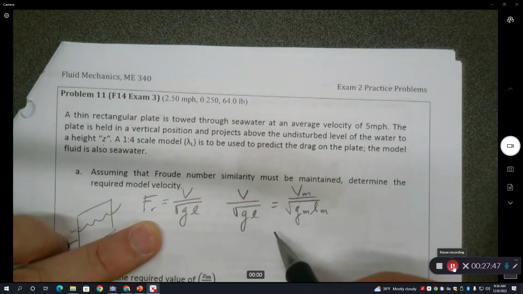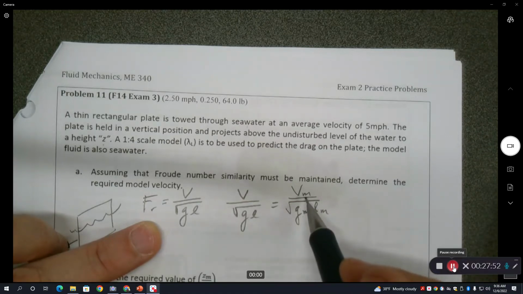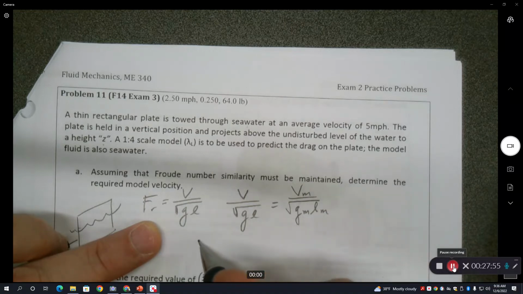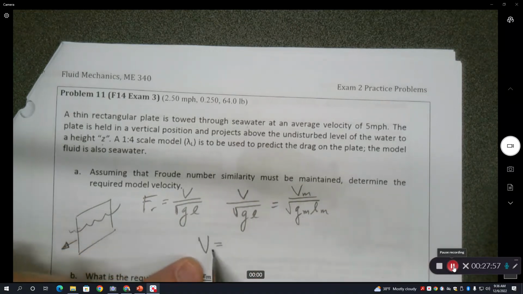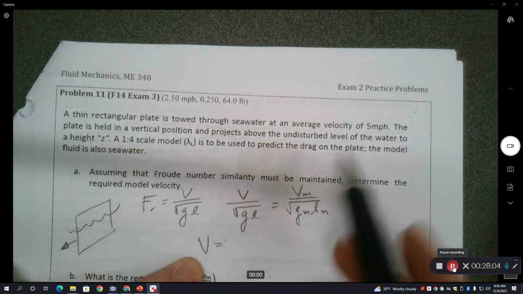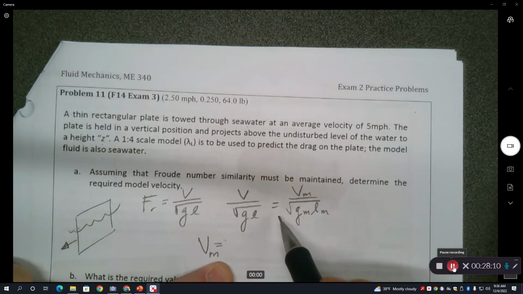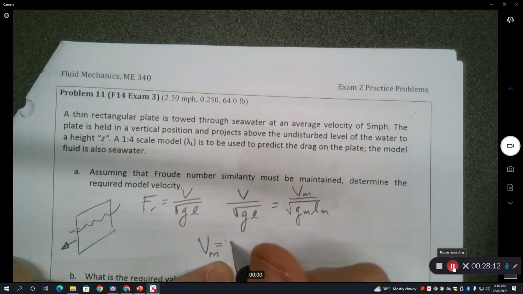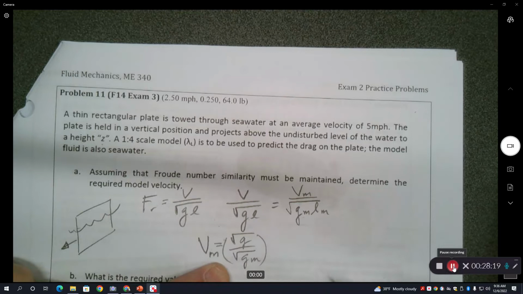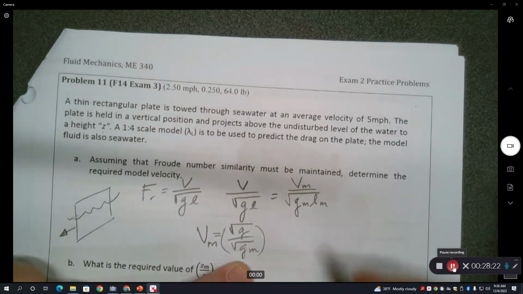Another way to write this out, the way that I would prefer to write it, is to go V, and I want to actually do the other way around. This is asking for the model, right? So I'll do it this way. Vm is going to be equal to the square root of G divided by the square root of Gm. You can think of that as its own ratio.